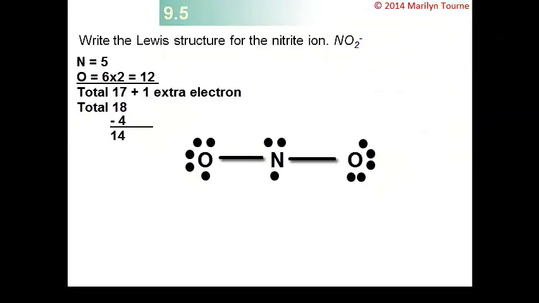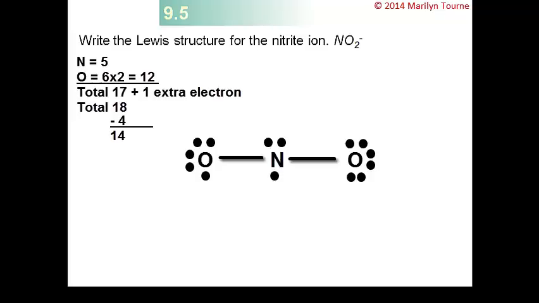And then I'm going to ask myself, okay, so again, the other oxygen comes with originally 6. So I need to put 1, 2, 3, 4, 5. But somewhere along here, I have to put an extra electron because I asked myself how many they originally came with, but remember there's that 1 more electron. So I'm just going to go ahead and put it right here on this oxygen.